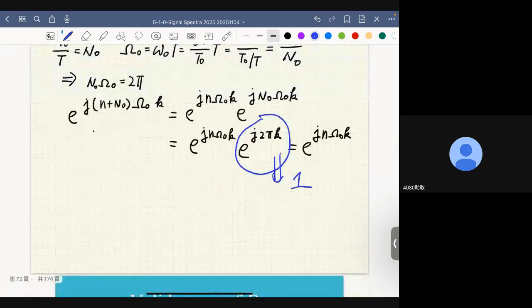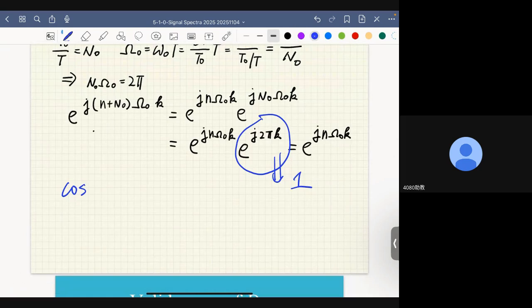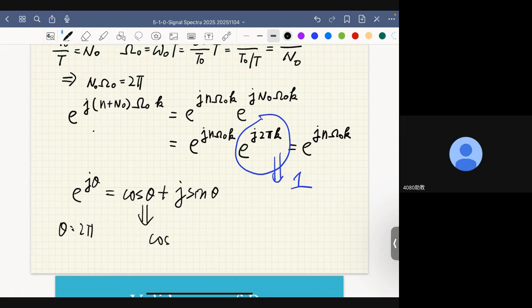Why is that the case? Because according to Euler's formula, e to the j theta is equal to cosine theta plus j sine theta. In this case, theta is equal to 2 pi. Therefore, what we have here is cosine 2 pi plus j sine 2 pi. And we know that sine 2 pi is equal to 0, and cosine 2 pi is equal to 1.